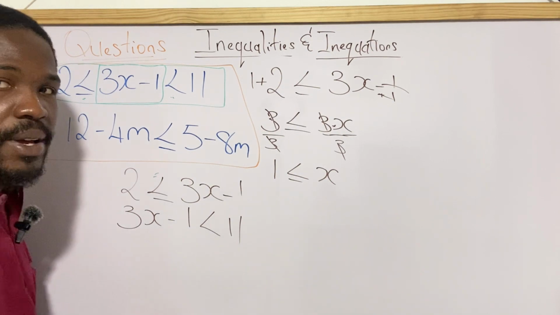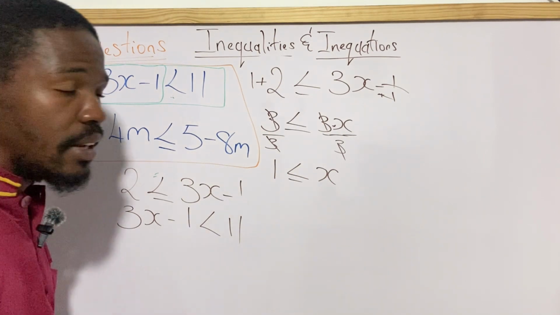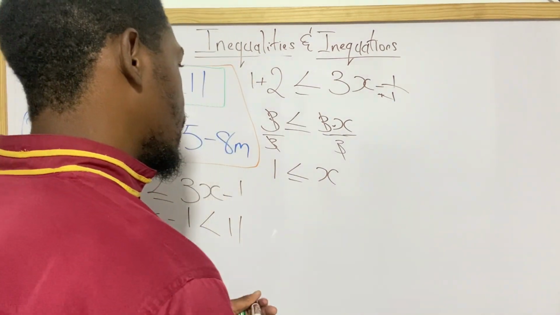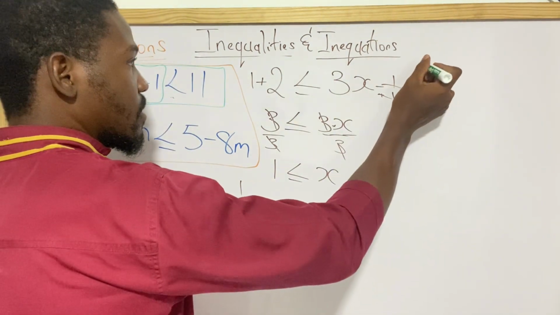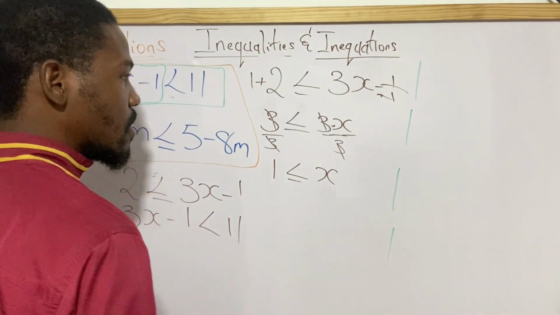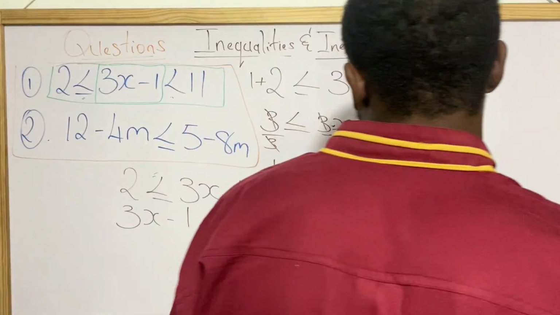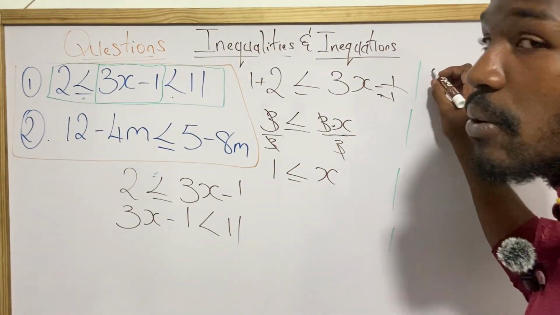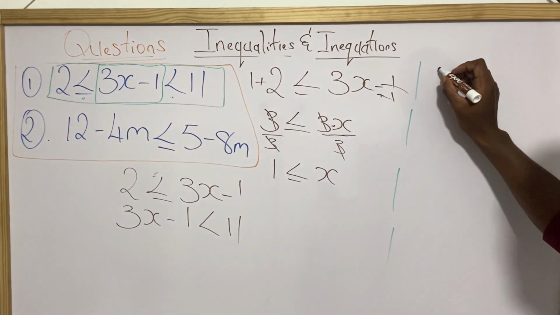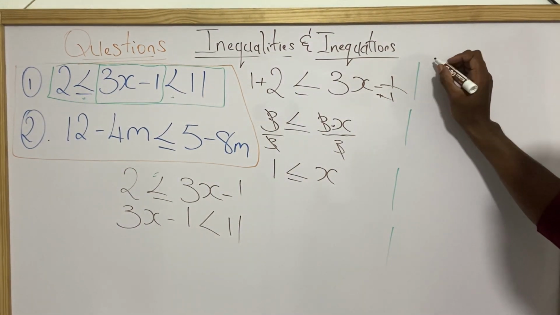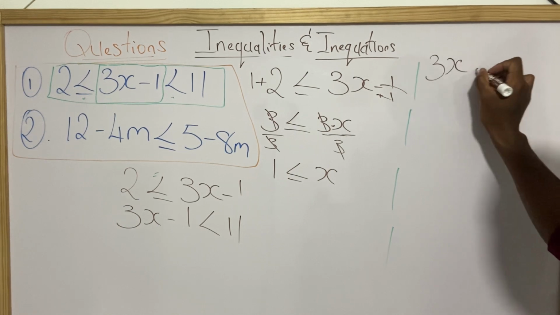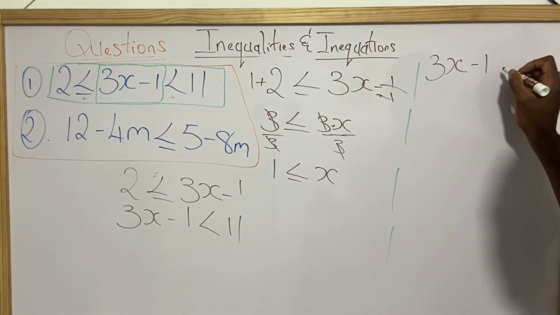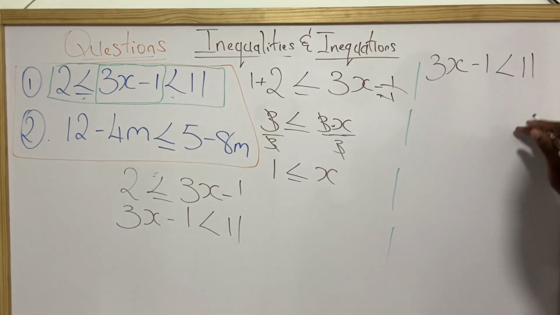Now, looking at my second answer, I'm going to take this 3x minus 1 and write that down. So we have 3x minus 1 is less than 11.